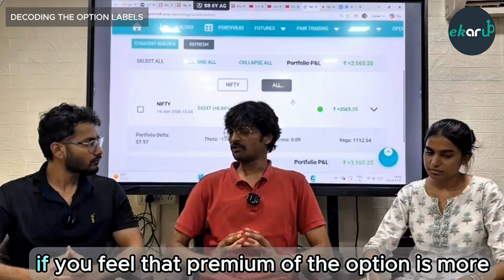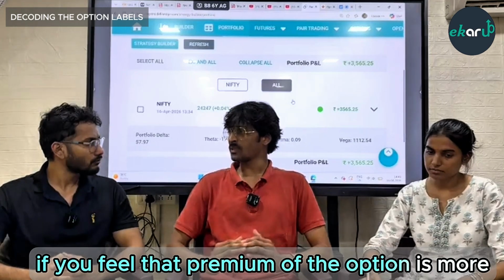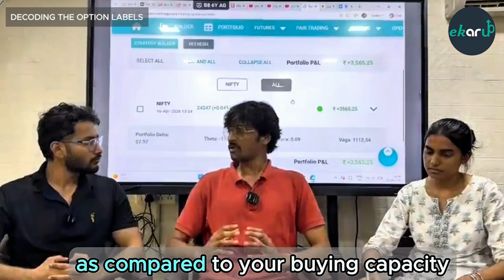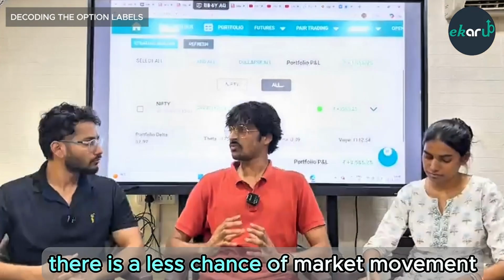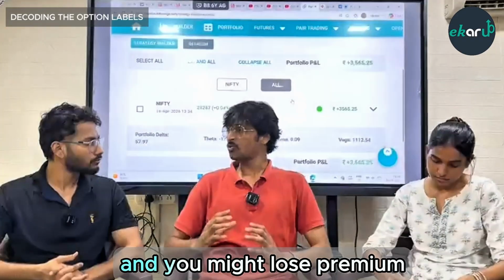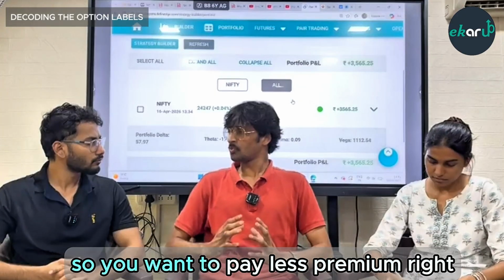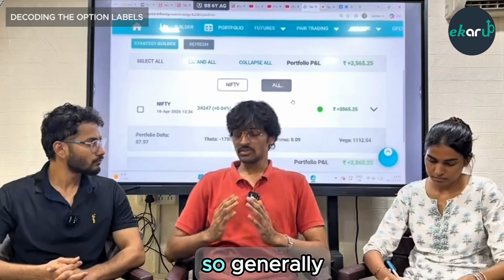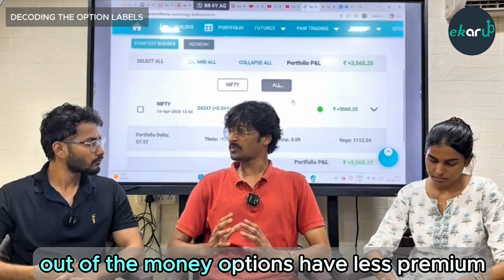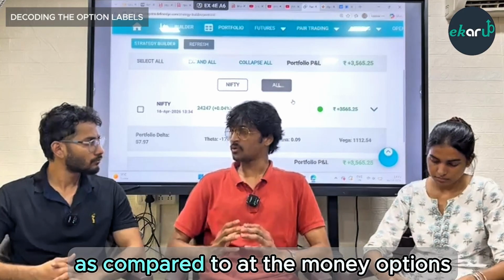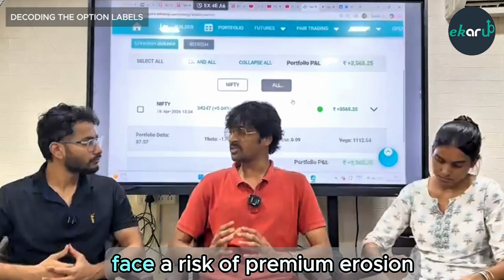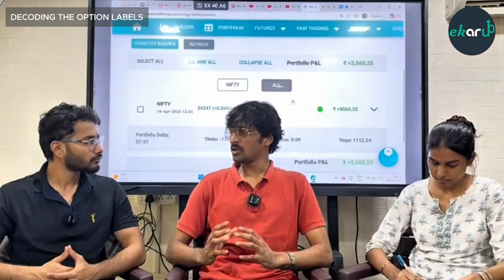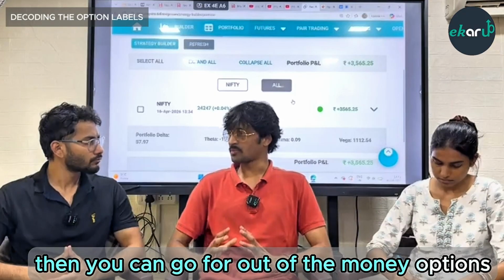For example, if you feel that the premium of the option is more compared to your buying capacity, and you also feel that there is less chance of market movement and you might lose premium, so you want to pay less premium, right? Generally, out of the money options have less premium as compared to at the money options and in the money options. If you find that you will face a risk of premium erosion, then you can go for out of the money options.